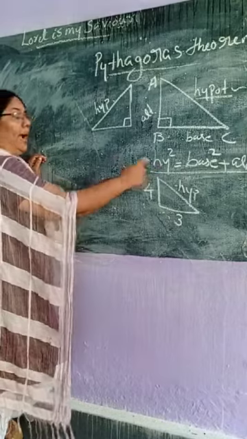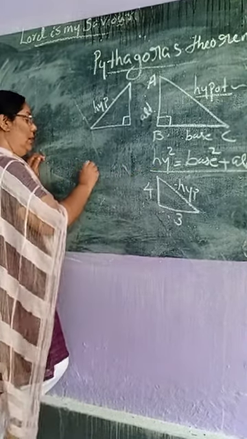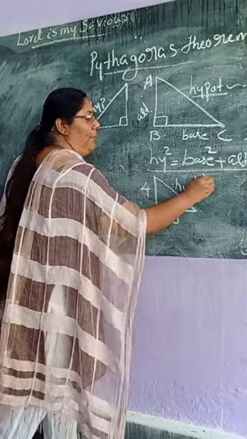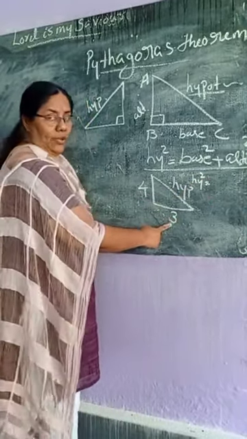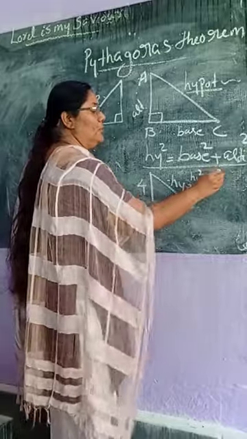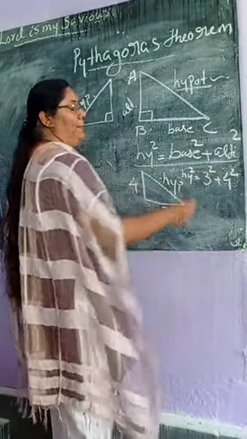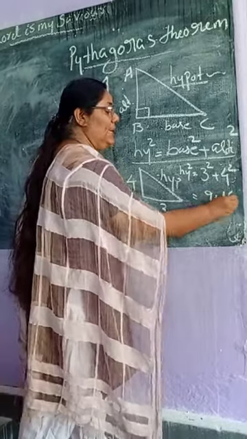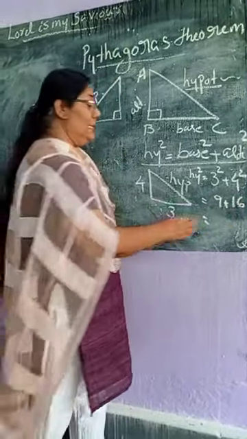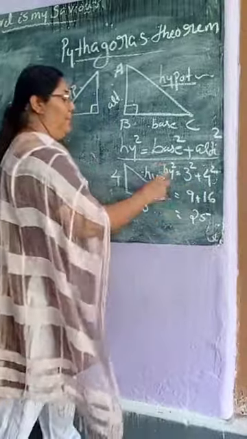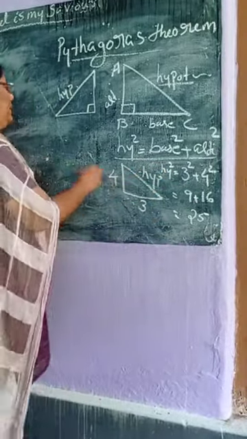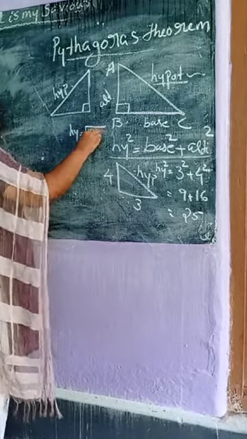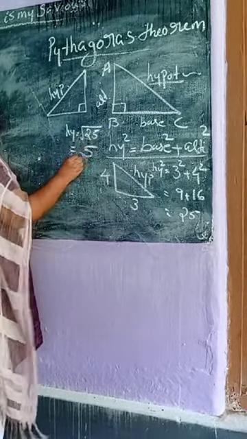Repeat this formula: hypotenuse square is equal to base square plus altitude square. What is base square? 3 square plus 4 square. What is 3 square? 9 plus 16. 9 plus 16 is 25. This is hypotenuse square. Therefore, hypotenuse is equal to root 25, that is equal to 5.